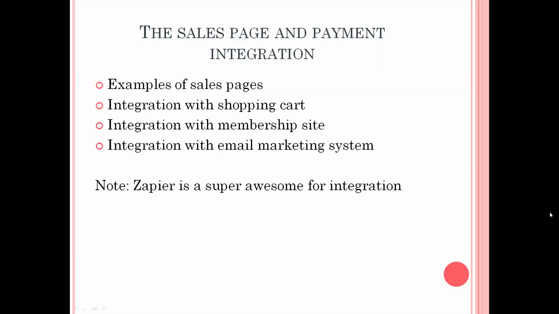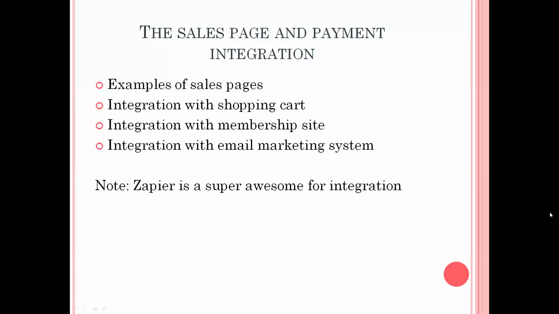If you're not able to do that, then the next best option, and the cheapest, is linking your sales page to PayPal. If you have a business PayPal account, which is free to set up, you can link your sales page to PayPal.